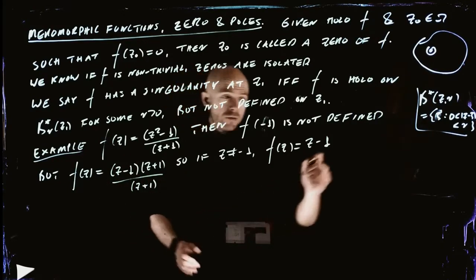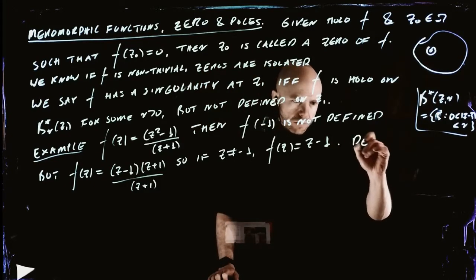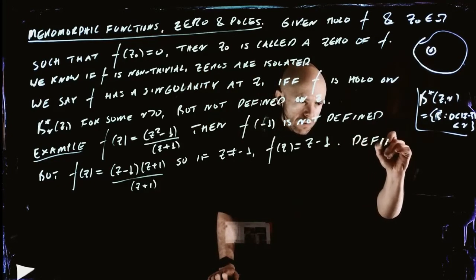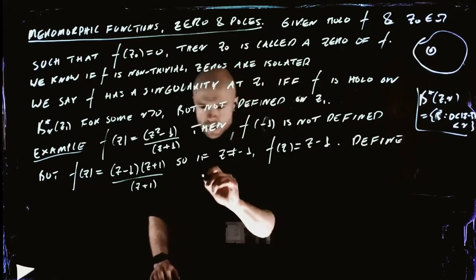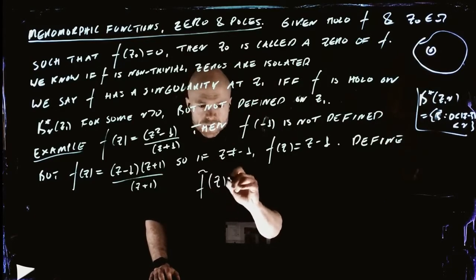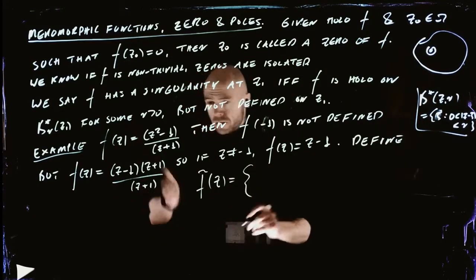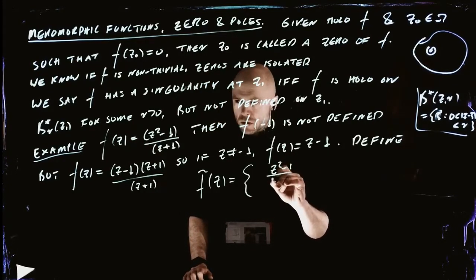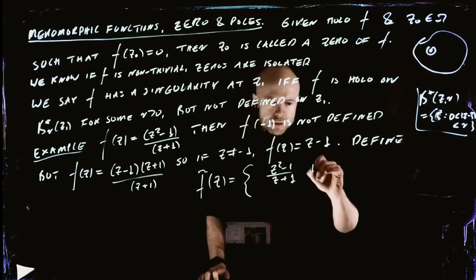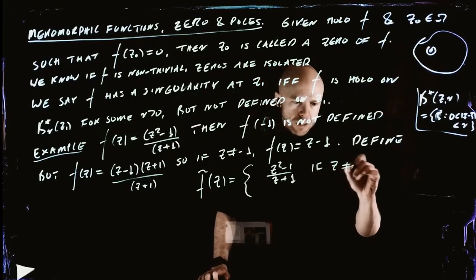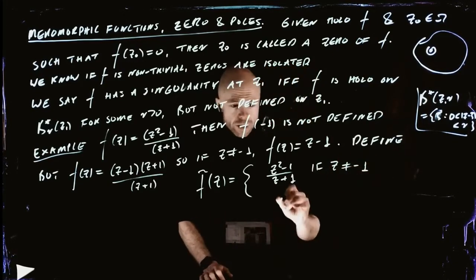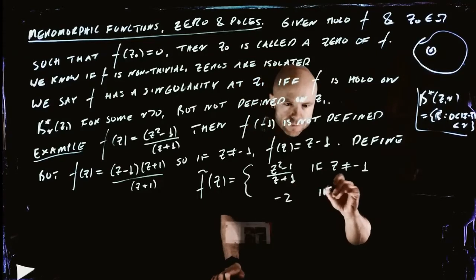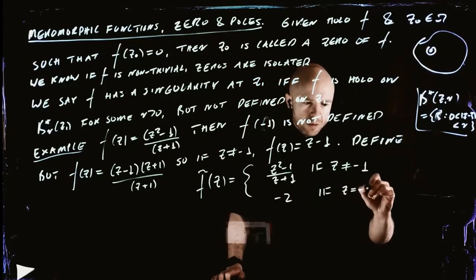So we can define f tilde of z to be equal to z squared minus 1 over z plus 1 if z is not equal to minus 1, and equal to minus 2 if z is equal to minus 1.